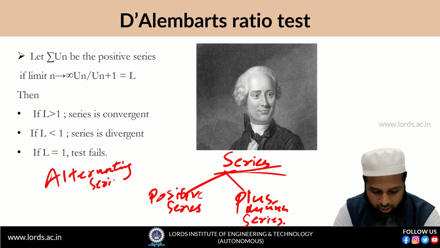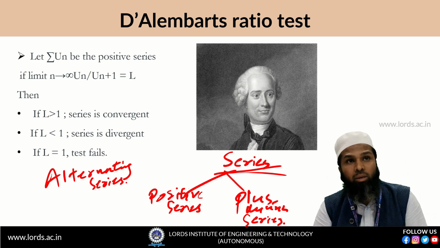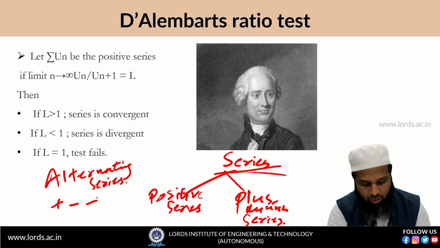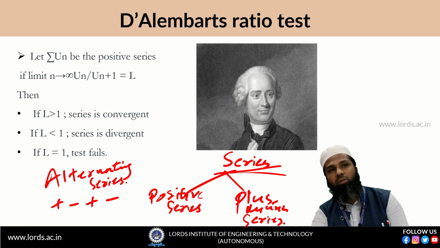What is this alternating series? It is basically a plus minus series, but with the plus and minus signs in order: one plus, one minus, or first minus, then plus, alternate plus minus signs. That type of series is called the alternating series.